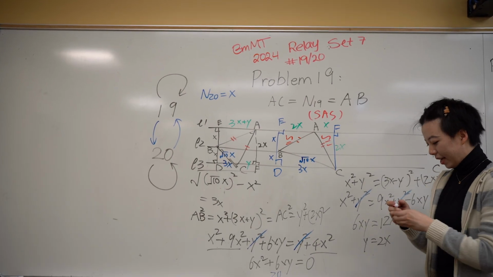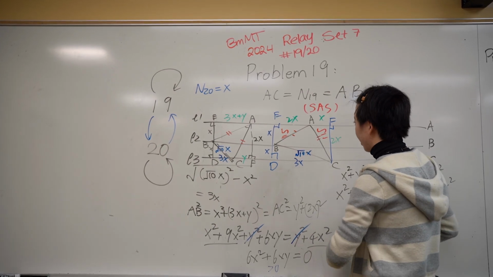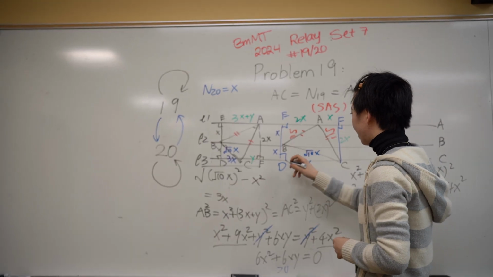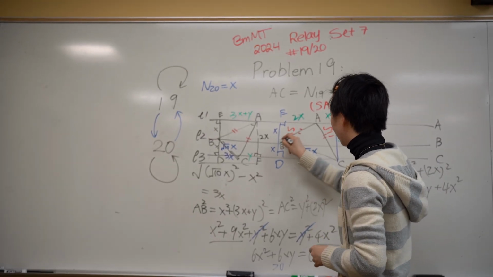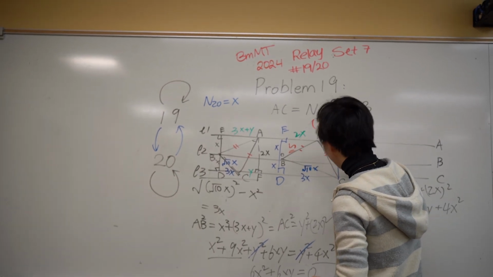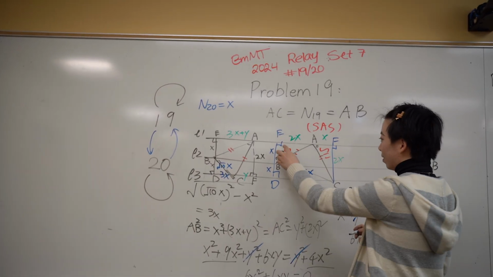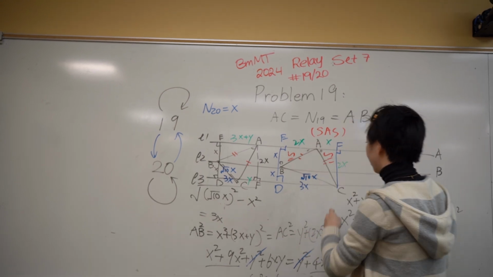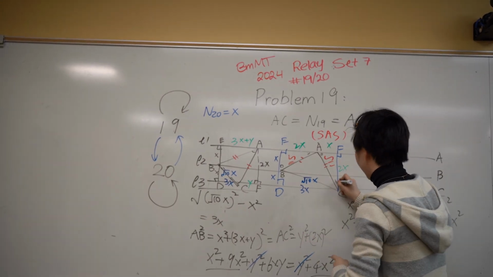Now what we can derive from this information is that angle BEA will be equal to angle FAC, and we will also have angle EAB equal to angle FCA.